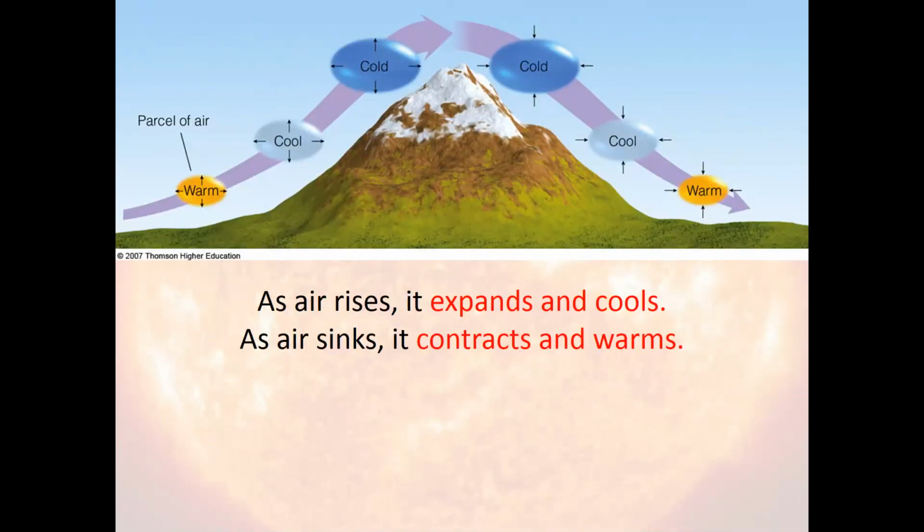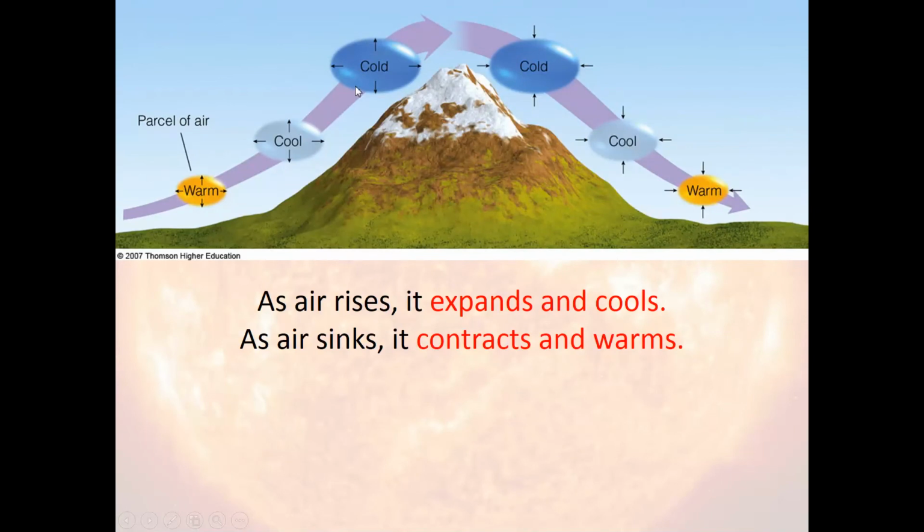And this is actually what happens as air goes up and over a mountain. If you have a parcel of air and you push it up a mountain, as it rises, it begins to expand. As it expands, that then takes energy to cause it to happen. That leads to cooling.